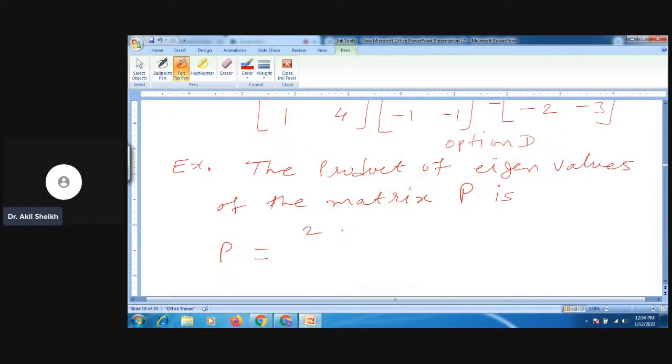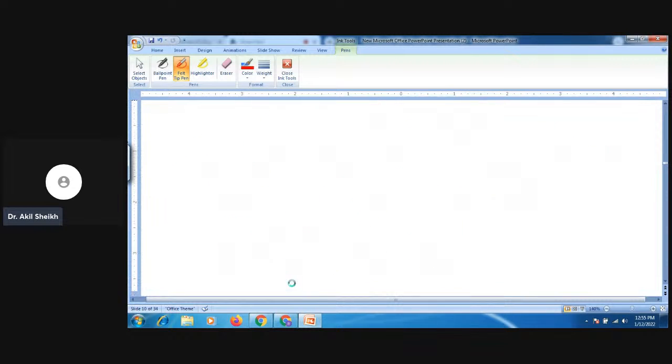P is here [2, 0, 1; 4, -3, 3; 0, 2, -1]. And options are here -6, 2, 6, and -2.